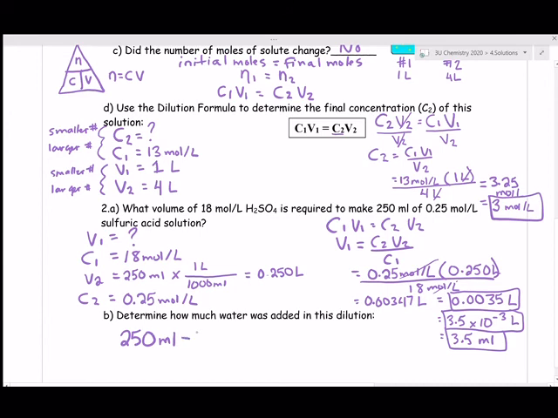So if I want to know how much water I have actually added, it's the difference. So 246.5 mils of water added. So just be careful of wording of questions because sometimes it might ask you for that. Okay, so this is our final solution. Here is our acid, and this is the water that we've added.